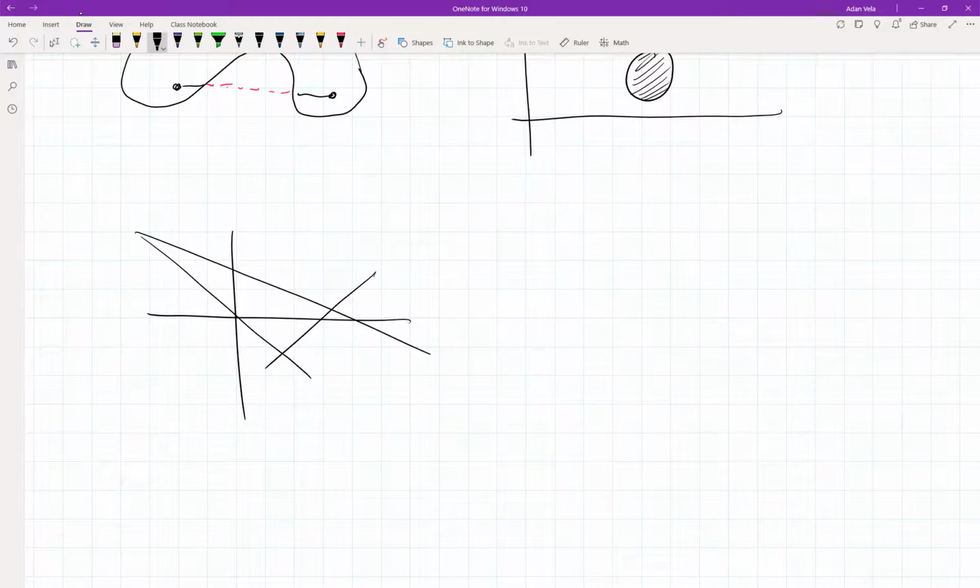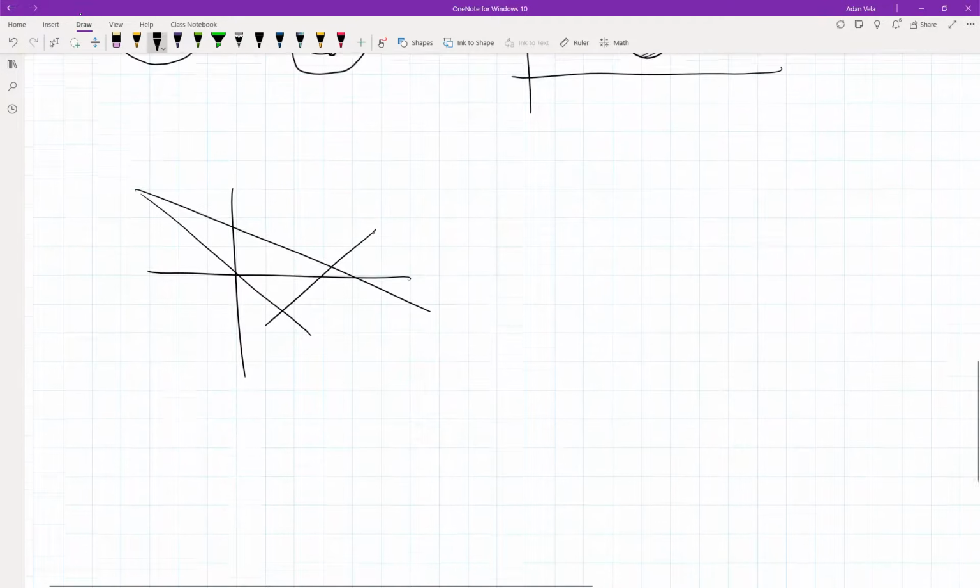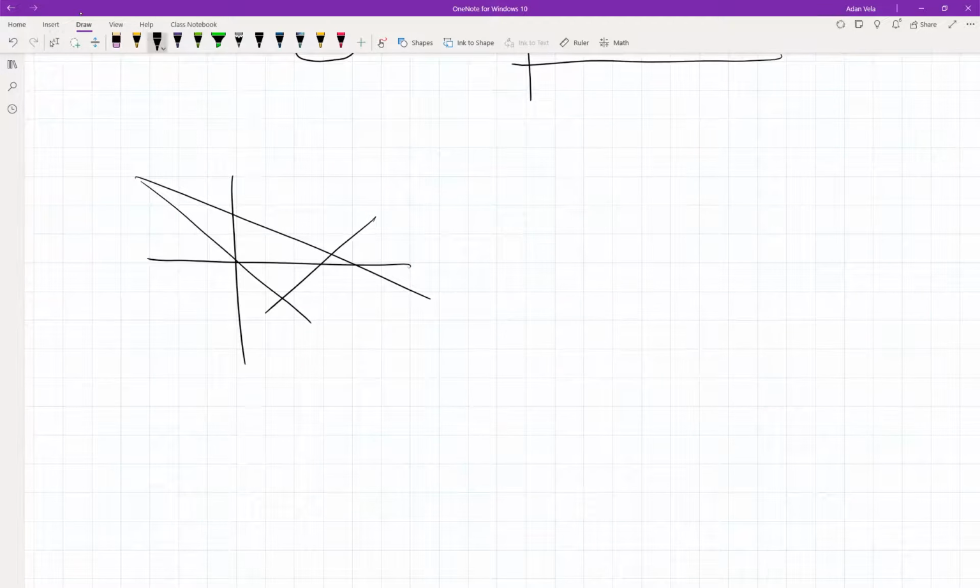All right, so let's say I had a problem, maybe I was saying minimize 5x1 plus 10x2, subject to constraints that correspond to the lines.